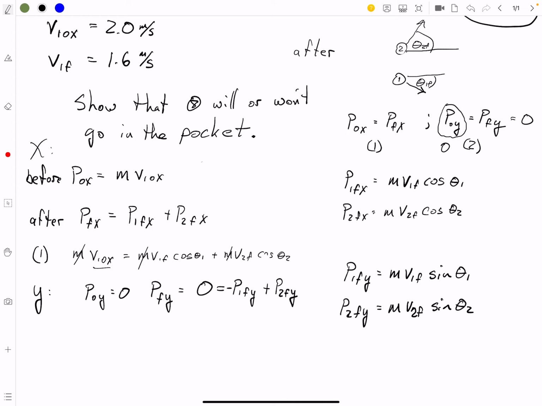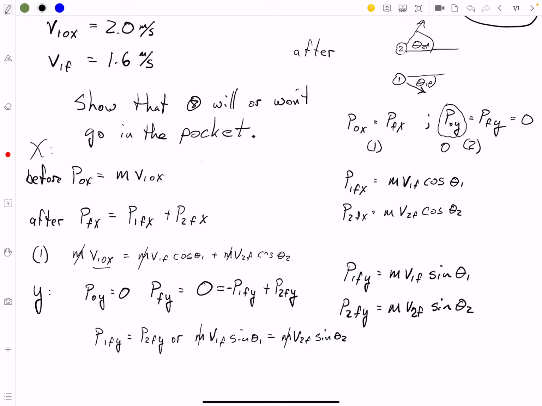And that allows us to say then that p1 final y equals p2 final y, or mv1 final sine theta 1 equals mv2 final sine of theta 2.